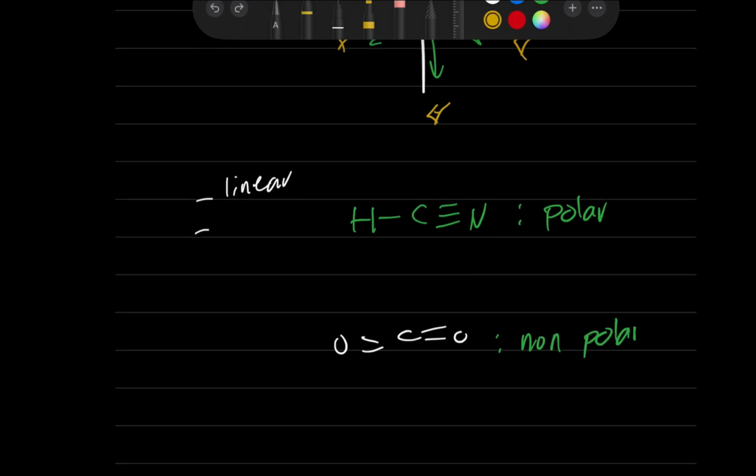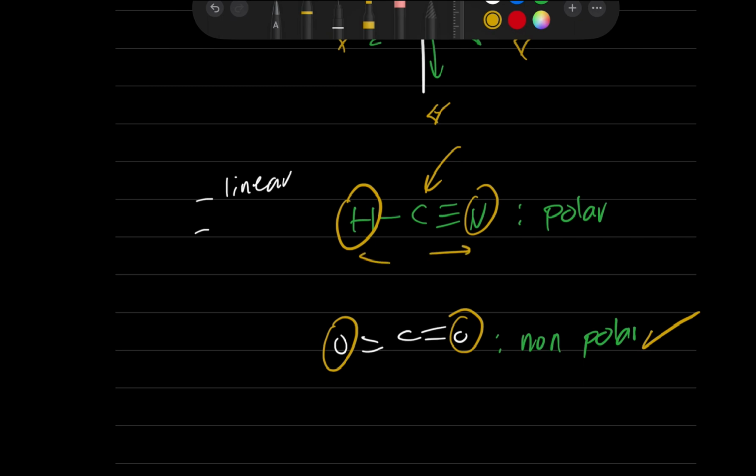If you have identical atoms around the central atom, in addition to symmetrical geometry, then it's nonpolar, like this. But if you have different atoms around the central atom, regardless of being linear, it is polar. The magnitudes of the dipoles of those two bonds are not equal, and that's why it's polar. This is a very important point.